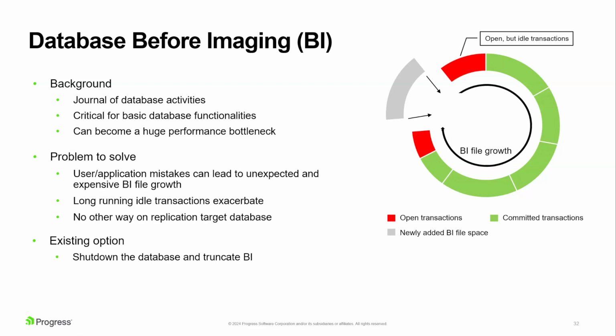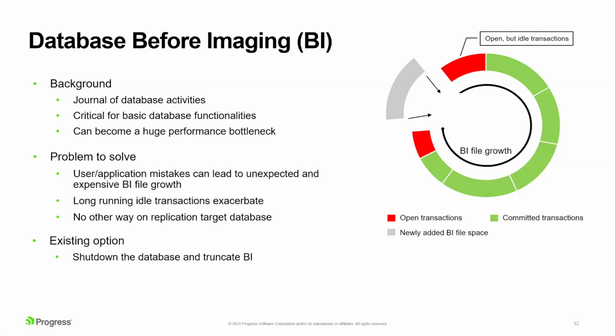But sometimes something that may be poorly written can sit there idle. Like maybe the user goes to lunch partway through their transaction, and it just sits there holding that space, the red. In the meantime, other transactions that have since committed are waiting to be written out, and so they're just sitting there backing up.